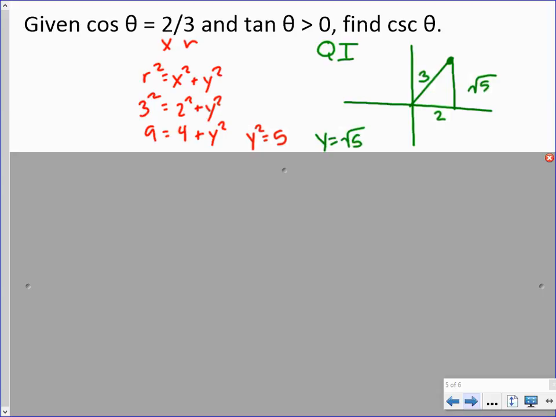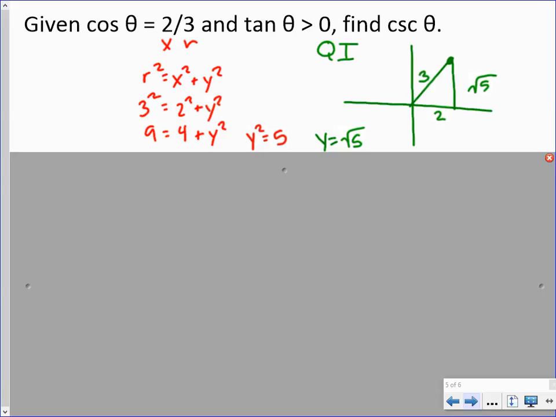If the tangent was less than 0, your triangle would have to show up in the fourth quadrant, so cosine was positive and tangent was negative. And then when you solved for y, you would have said y was negative square root of 5.